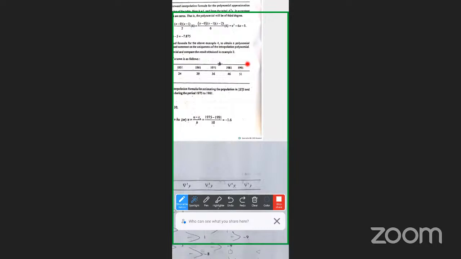Xn is nothing but 1991, the last term, and Yn is 51. So this is Newton's backward formula. We are using Yn is 51, Xn is 1991. So these are the values.